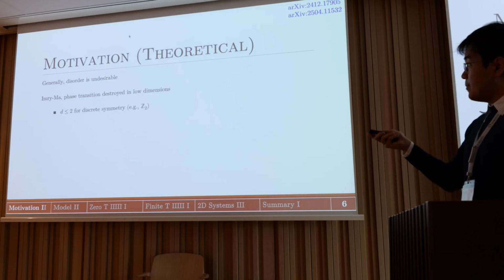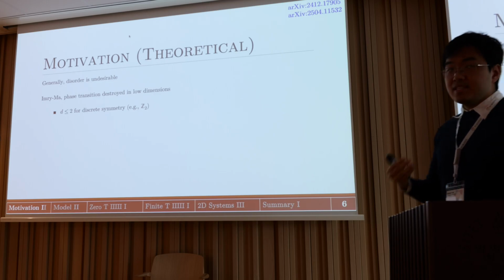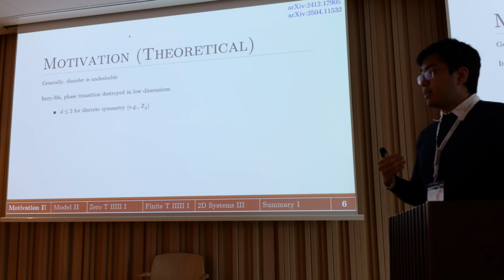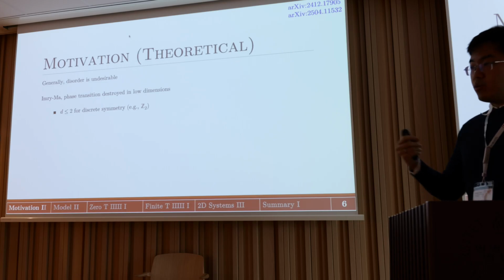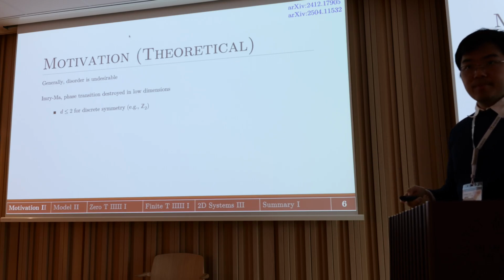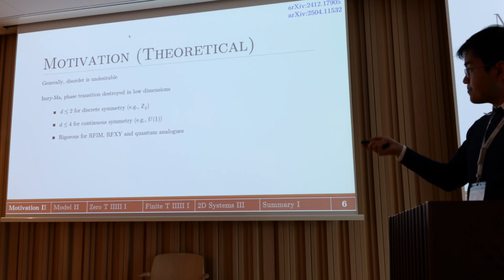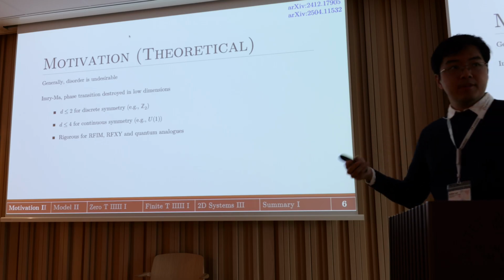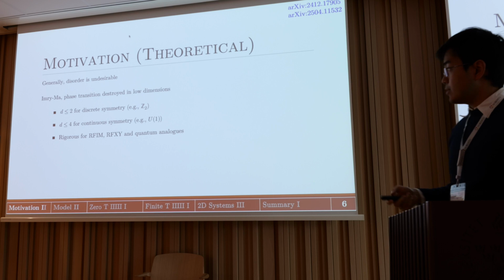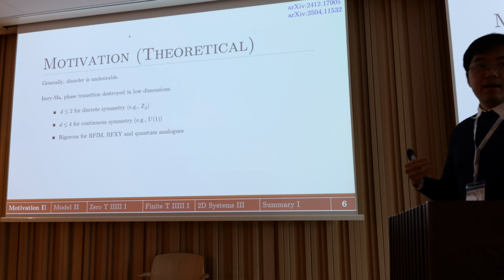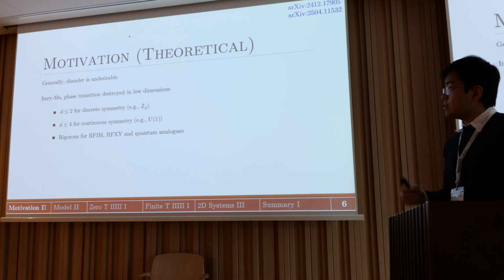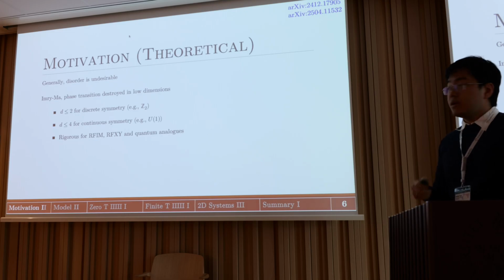For example, in 2 dimensions and below, if the system has discrete symmetry, then any arbitrarily weak disorder is going to destroy ordering. For continuous symmetry, this means for 4 dimensions and below, ordering is destroyed. In fact, the Imry-Ma phenomenon has been proven rigorously for the random field Ising model, random field XY model, and their quantum analogs.